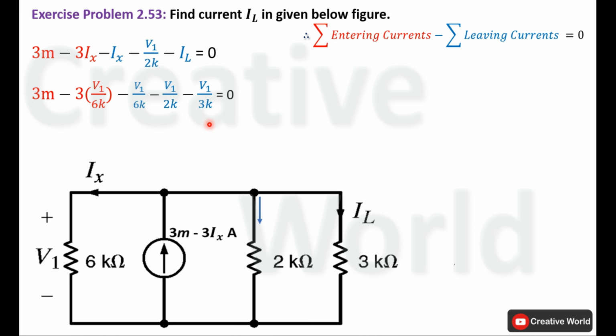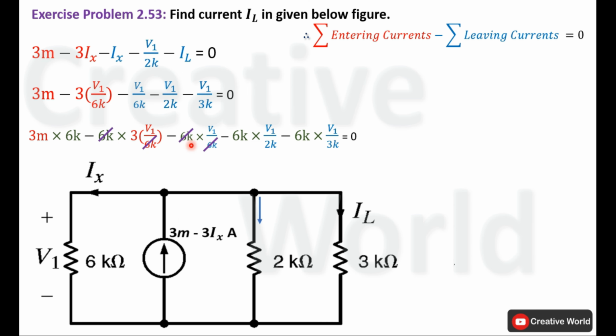So first of all, we will solve this equation to calculate the voltage V1. For that purpose, we will multiply this equation by 6K on both sides to eliminate these denominators. These both 6Ks will cancel out with each other. Similar is the case here. And this 6K divided by 2K gives 3.